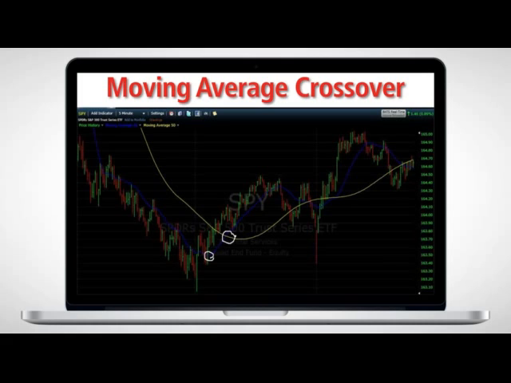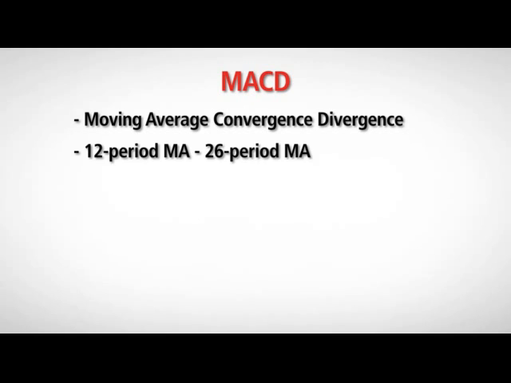So using a moving average crossover can help you to confirm a momentum change. Now, there's an indicator that I want to tell you about called a moving average convergence divergence, or MACD. And an MACD is calculated like this. We take a 12-period moving average and we subtract from that the 26-period moving average.